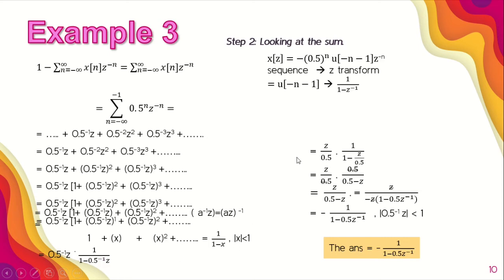After that, solve all of these equations, and then we will get back this Z transform according to the table, which is 1 over 1 minus 0.5 z to the power of negative 1.